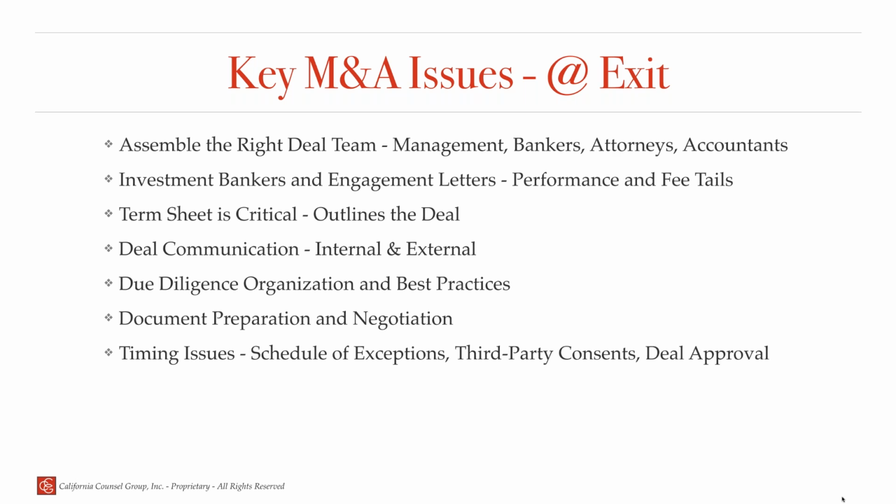Anticipate in advance third-party consents, any gating items, things outside your control that you may need to get. Every third-party consent that you can make go away is one less contingency on your transaction closing, and one step closer to deal certainty. Then deal approval. Know what constituents within the company need to approve the deal.